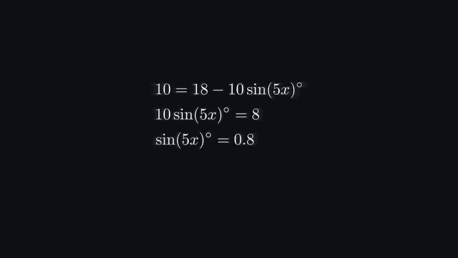Sin of 5x degrees equals 0.8. 5x equals sin to the power of minus 1 of 0.8. Continue the aligned calculation. The next steps are shown one line at a time.